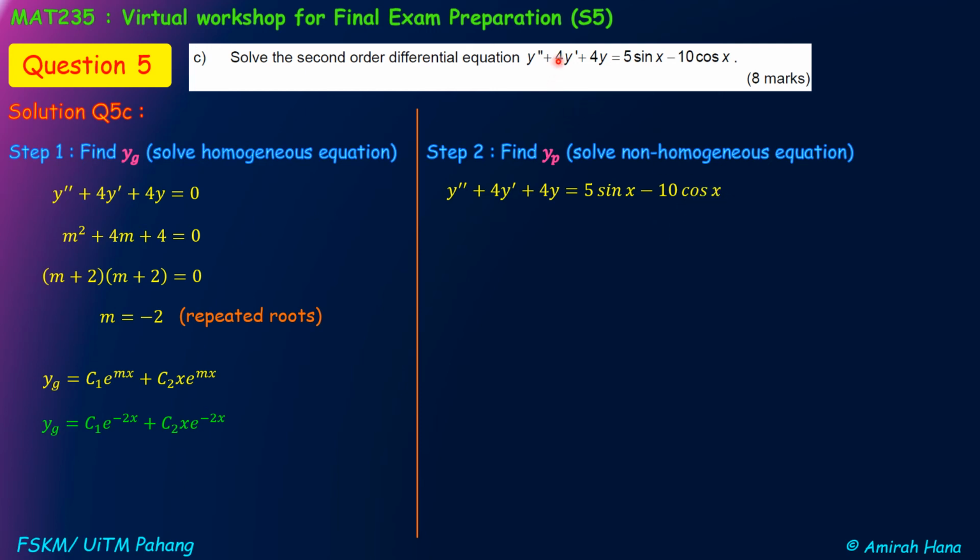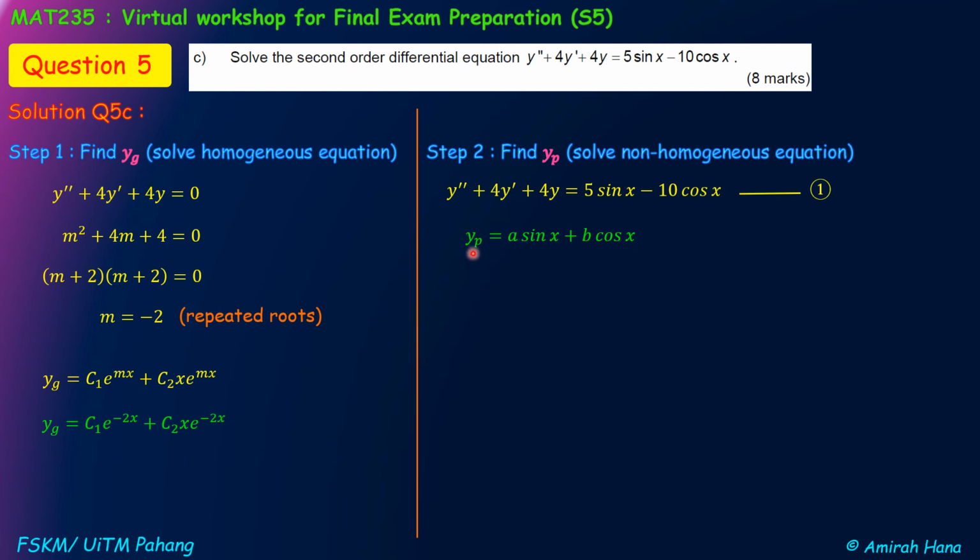From the given equation, we can name this as equation 1. Then we can find yp. yp means a trial solution based on the function on the right hand side. Here we have terms containing sin x and cos x, so our trial solution yp should equal A sin x plus B cos x.